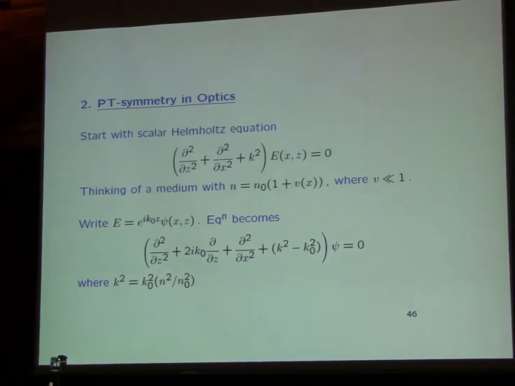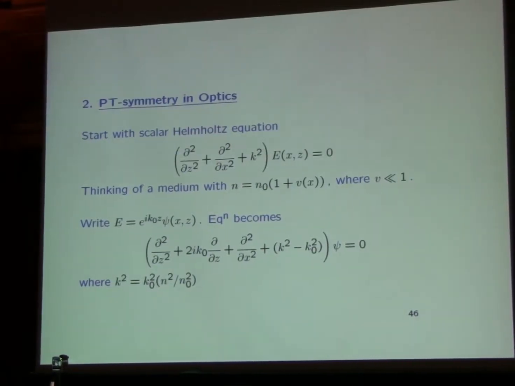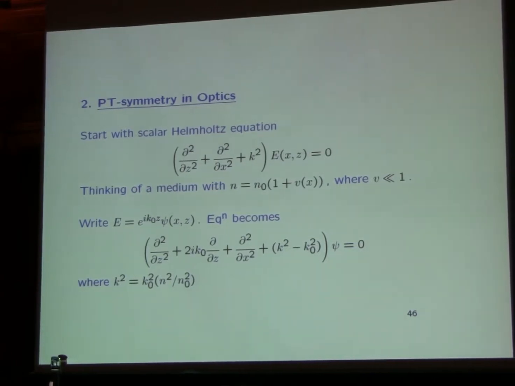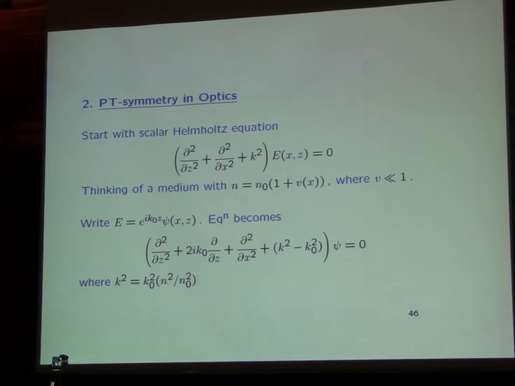But I want to take the last 10 minutes or so to go on to a different subject, which is definitely not concerned with foundations of quantum mechanics, but I think it's very interesting.